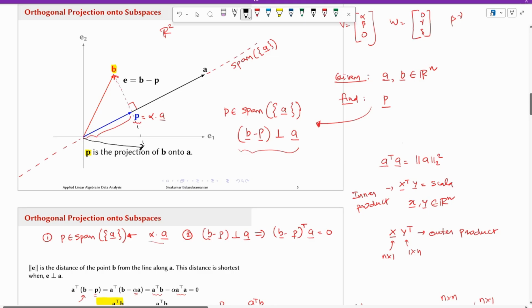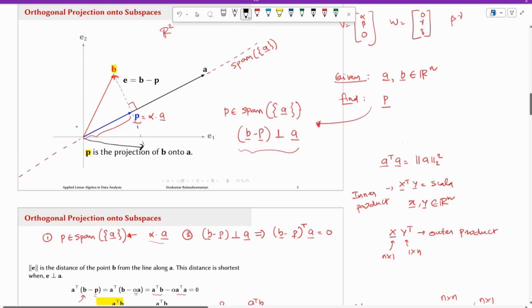Geometrically, if A is orthogonal to B, what will be the orthogonal projection? How do you do it geometrically? You go to the tip of B, and then you drop a perpendicular from the tip of B such that it intersects the subspace spanned by A. Where will the intersection be if B is perpendicular to A?